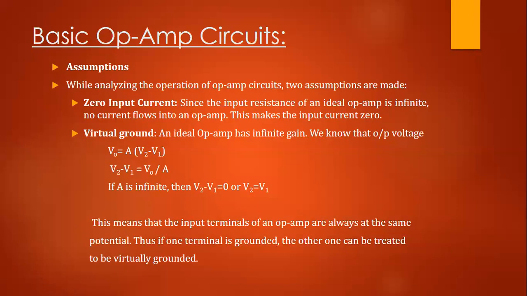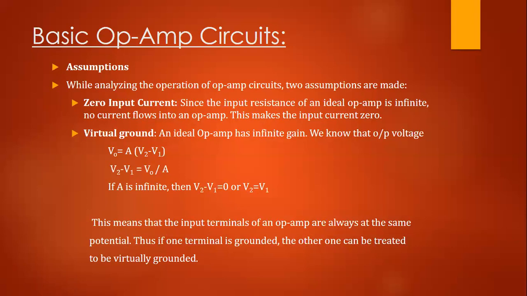The term virtual means that the two terminals are not actually short circuited, but they are virtually short circuited. Whatever voltage appears at one terminal, the exact same voltage appears at the other terminal. So this is about the virtual ground.